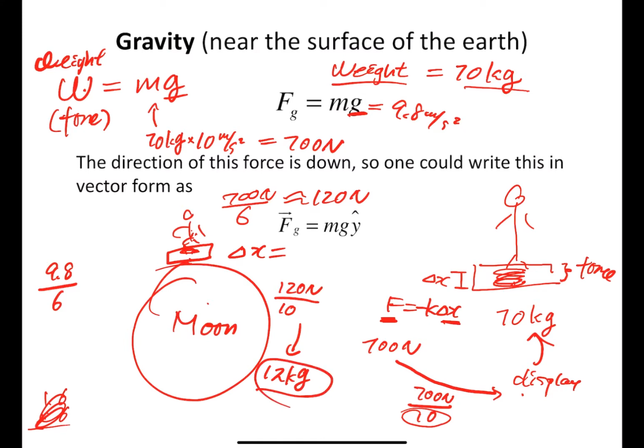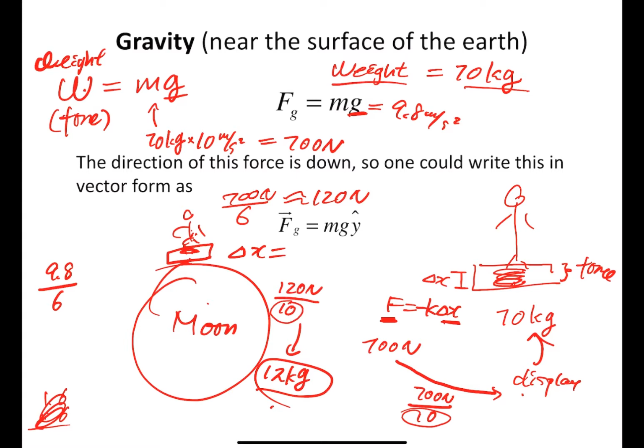So the question is, is your mass on the surface of the Moon really 12 kilogram? This is what is given by the bathroom scale. Yes or no? The mass, remember, mass never changes. So the problem here is the 10.